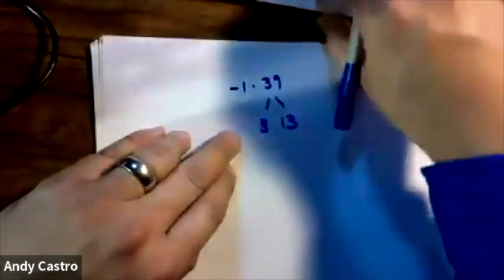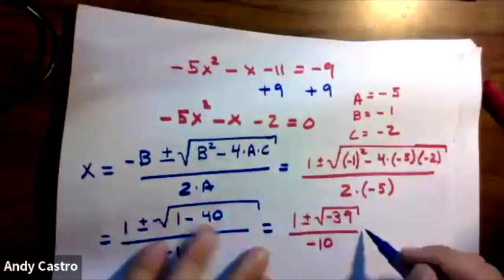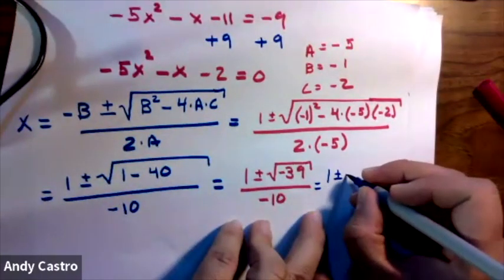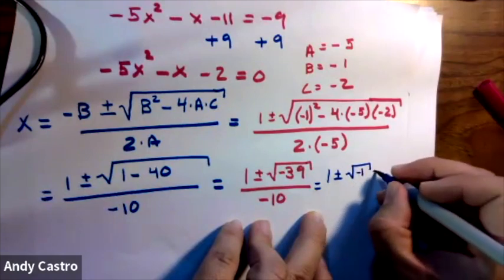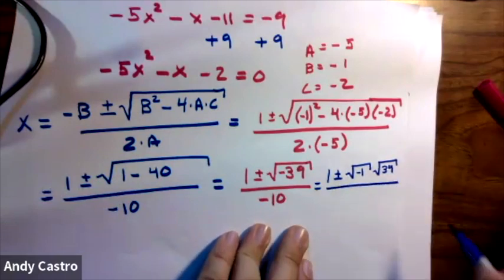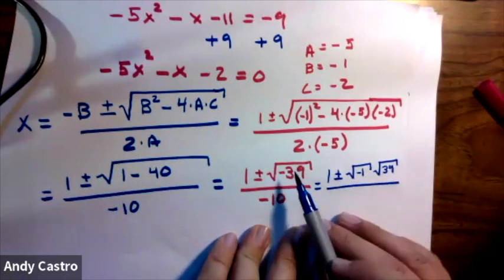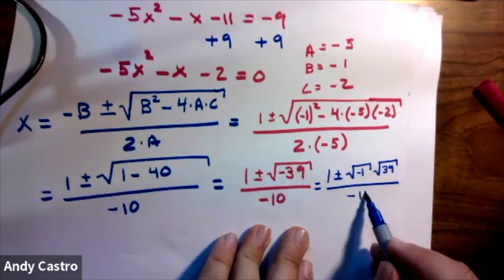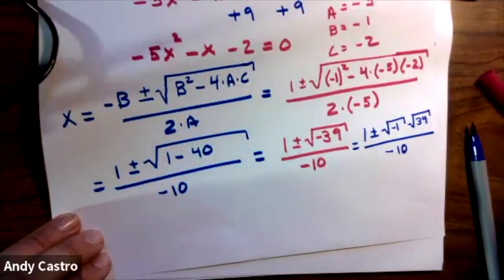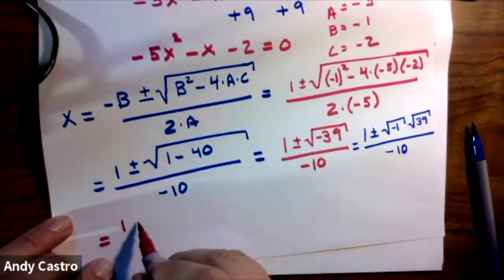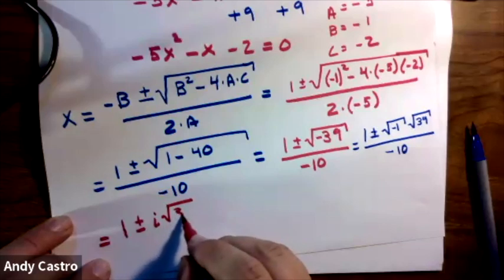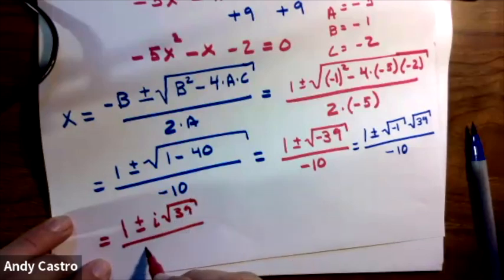So if I do the negative of 39, remember from my radical roots, what I can do is the square root of negative 1 times the square root of 39. Because negative 1 times 39 gives me negative 39. Square root of negative 1 is I. So I have 1 plus or minus I times the square root of 39 all over negative 10.